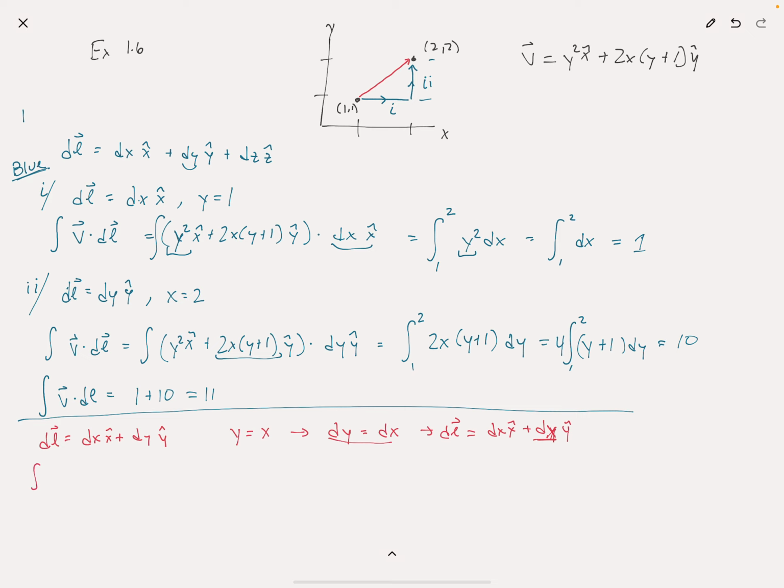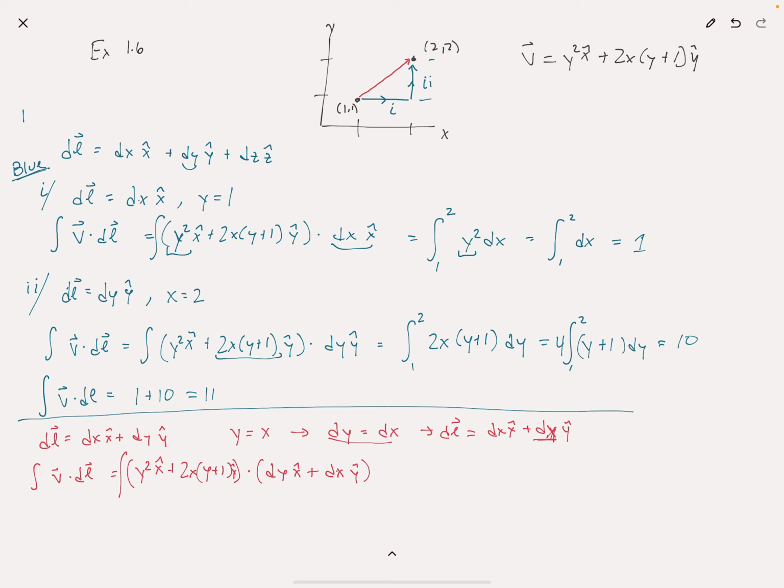So now my integral of v dot dl is (y squared x hat plus (2xy plus 1) y hat) dotted with (dx x hat plus dx y hat).